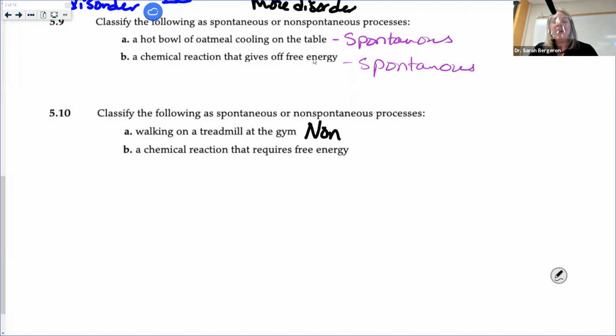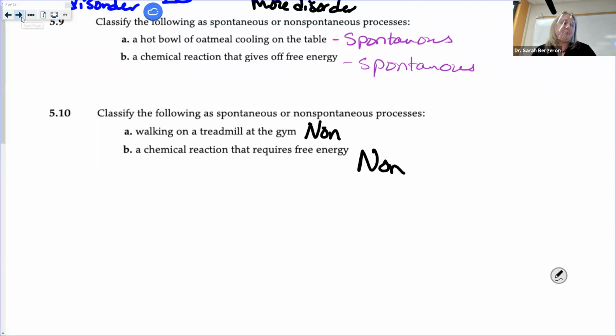A chemical reaction that requires free energy. If I have to put energy in to make the reaction go, is it spontaneous? No, this is another non-spontaneous process, right? So you can think about it in real life and you can think about it in chemistry. It's the same thing.